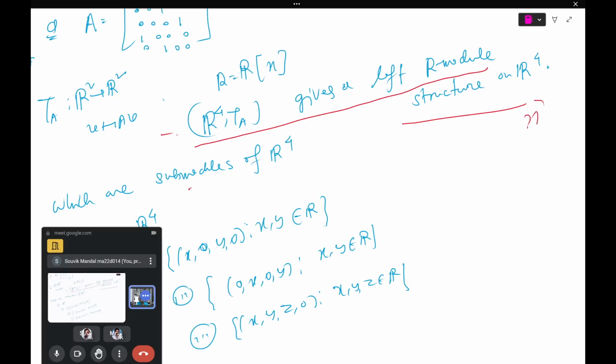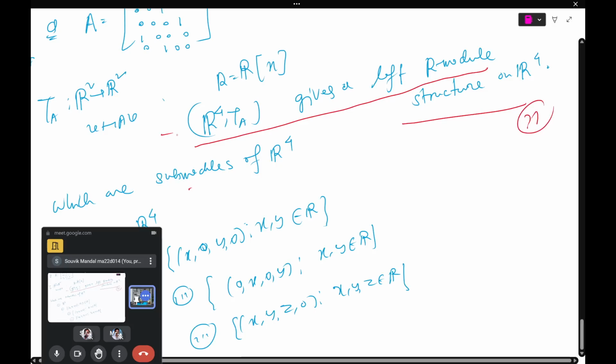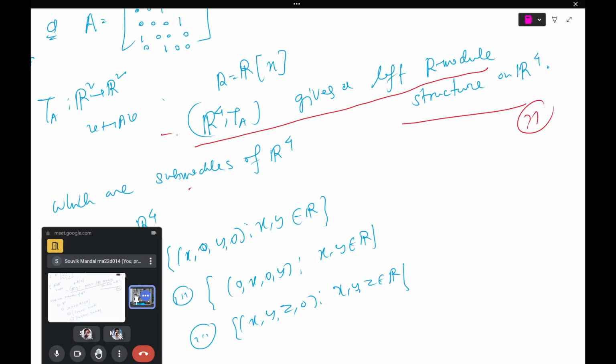Do you know what it means? Yes or no? What do you say?